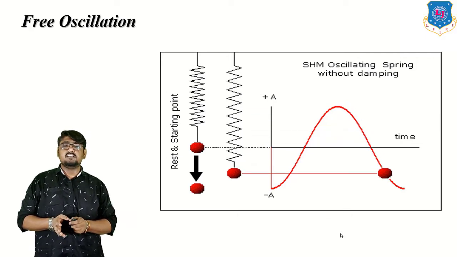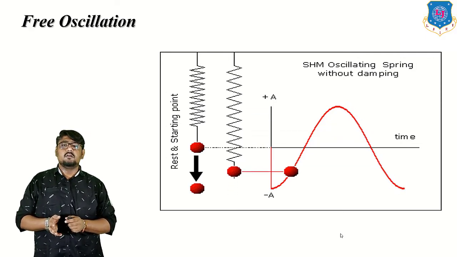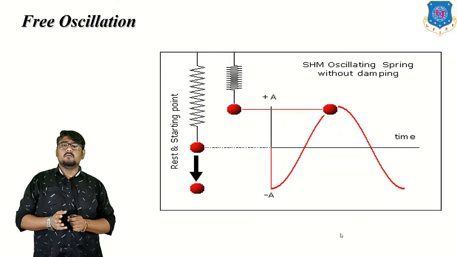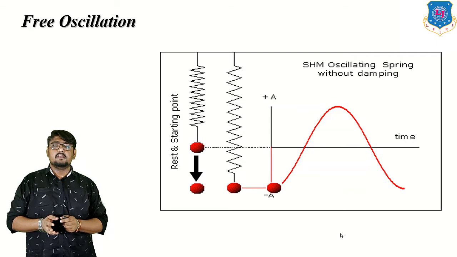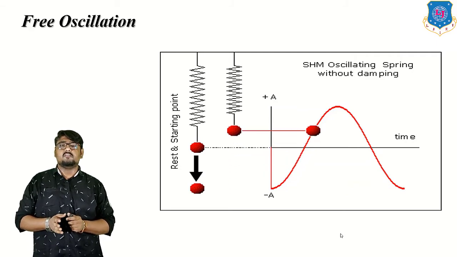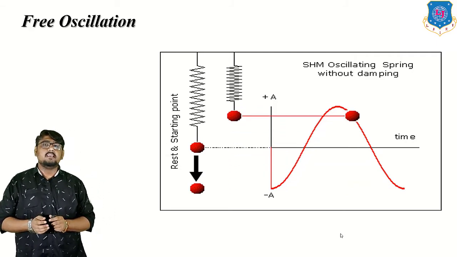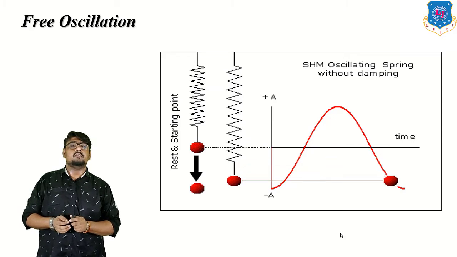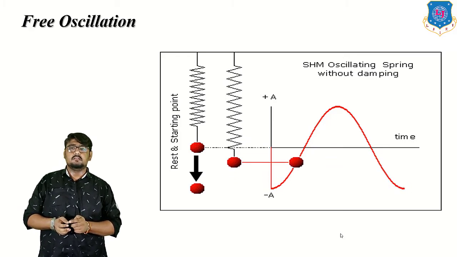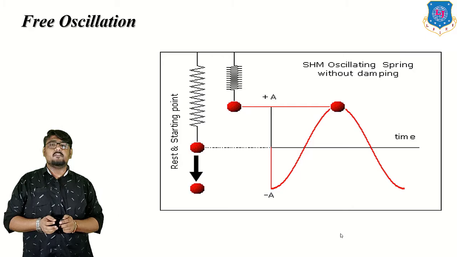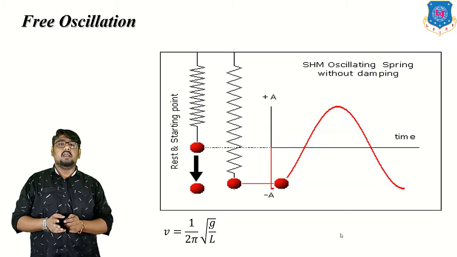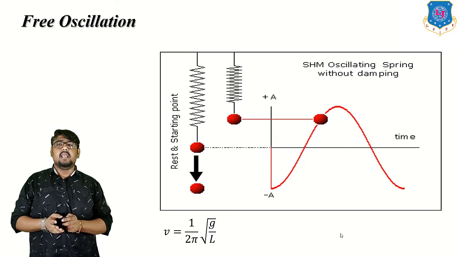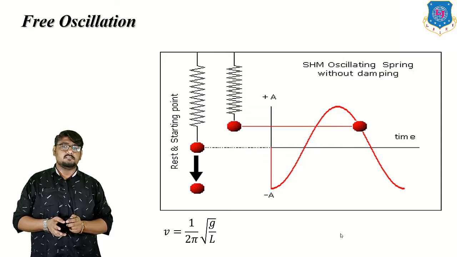When a pendulum is displaced from its equilibrium position and left to the action of internal forces, it undergoes free oscillation with a frequency given by ν = (1/2π)√(g/L). The time period and the frequency of a simple pendulum depend only on the length of the string and the acceleration due to gravity and are independent of the mass.